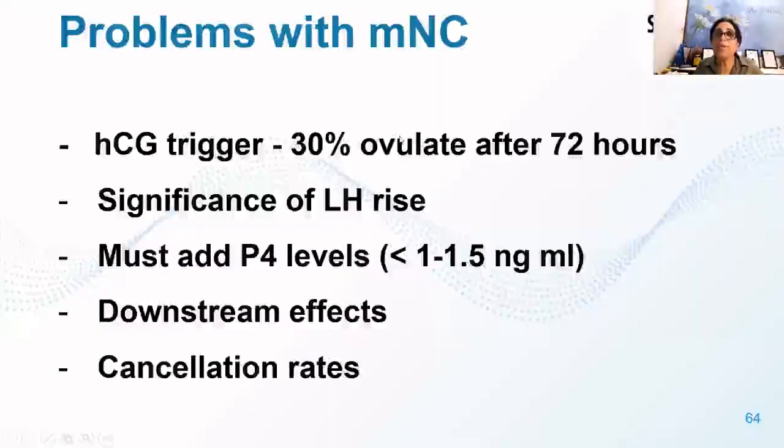That is, all patients do not ovulate between that 36 to 40 hours. Then the association of LH rise is questionable: how to manage when the LH rise is there with an HCG trigger? We need to add progesterone levels to see that ovulation has not already occurred. Then the downstream effects of HCG are there on the endometrium because of the sudden rise of progesterone, and the cancellation rates, yes.